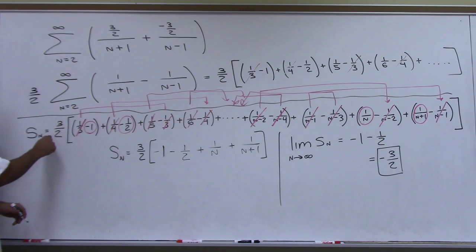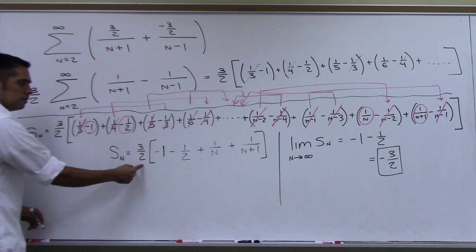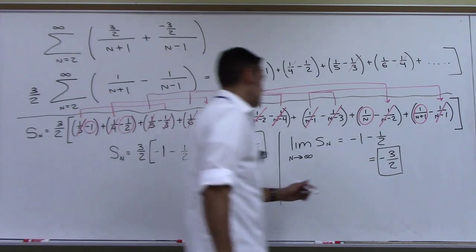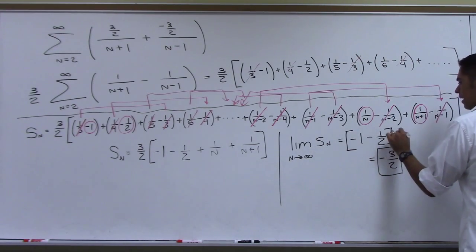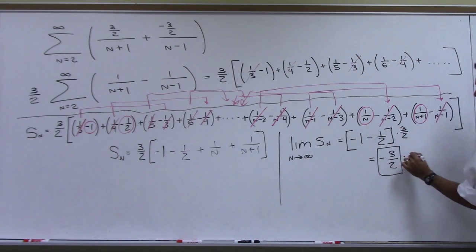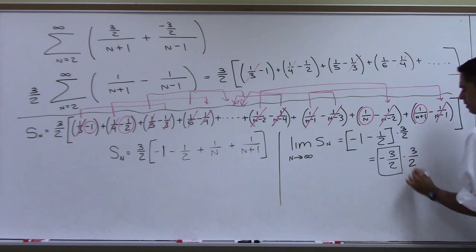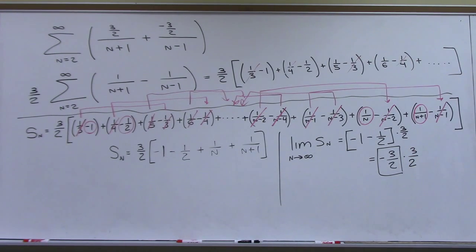That puts some 3 halves here. I'm going to tack it onto the back of this. What's our answer? We're multiplying, right? Negative 9/4. Sorry about that.